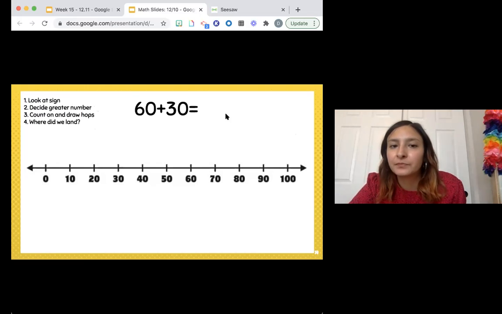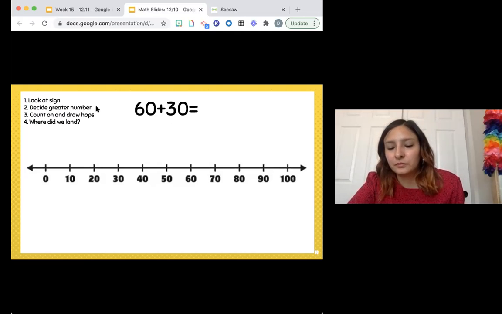Look at the sign. Okay, what did you see? I saw 60 plus 30. Okay, and so that plus sign is the sign, okay? That means you're going to be counting on, right? Okay, then what are you supposed to do second? You decide the number. Just decide any number?